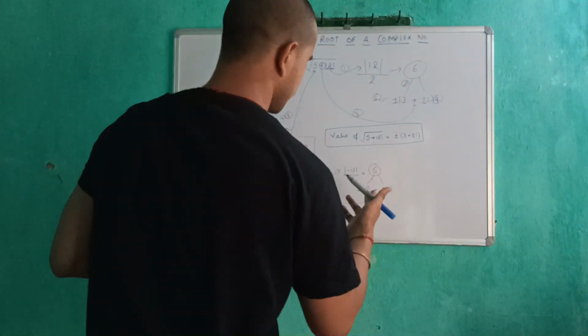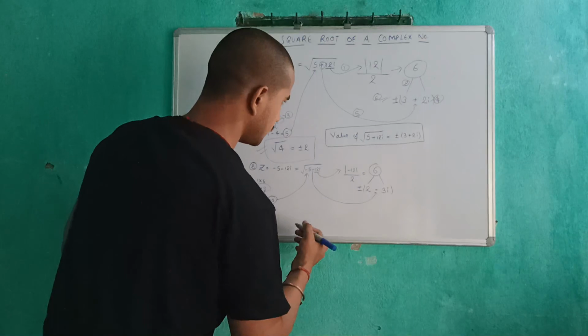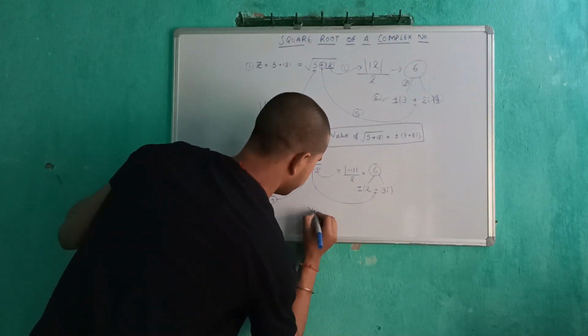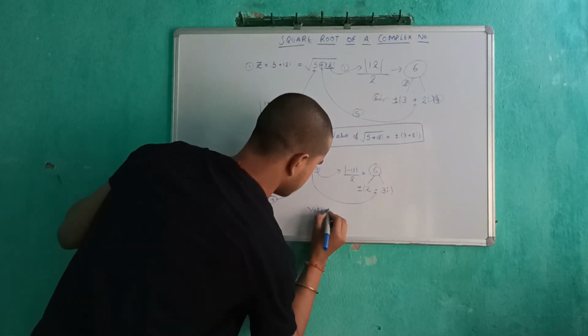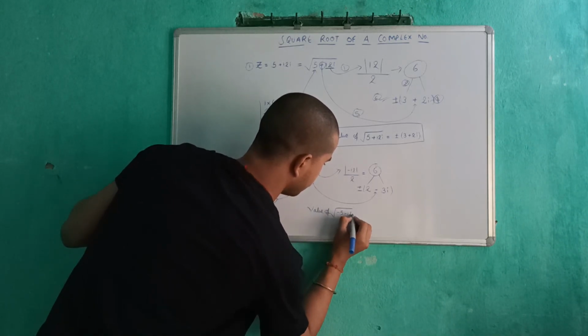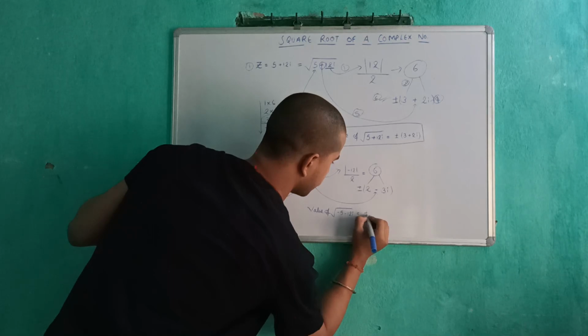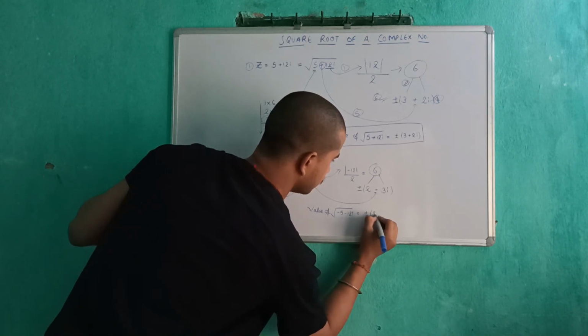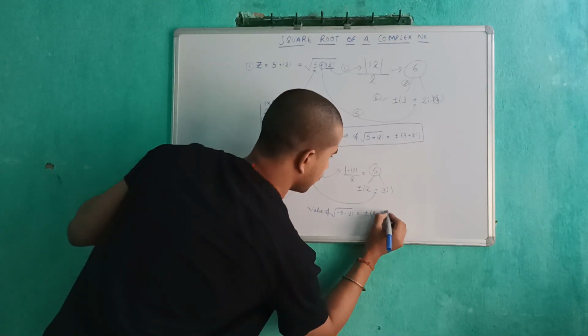So there are two possibilities, same manner. Now the value of under root minus 5 minus 12i will be plus or minus 2 minus 3i.